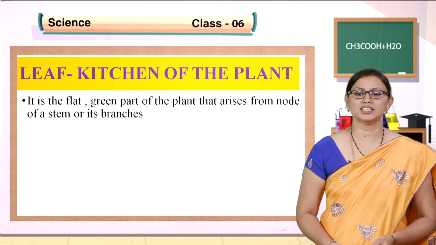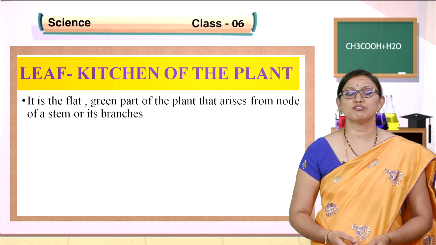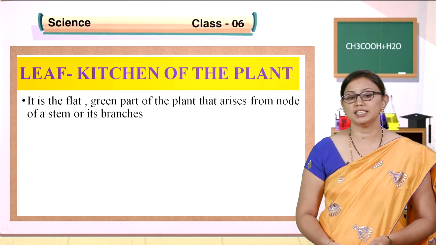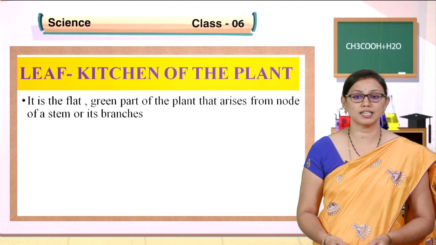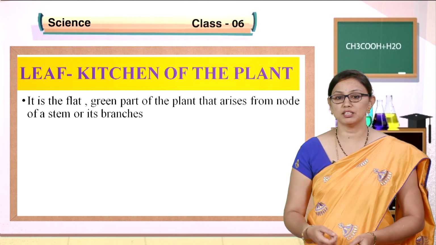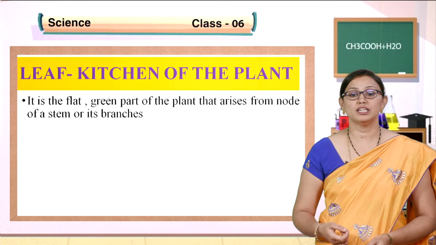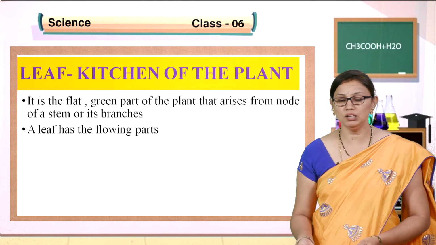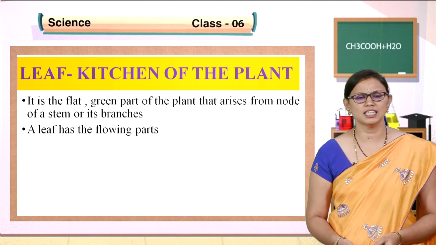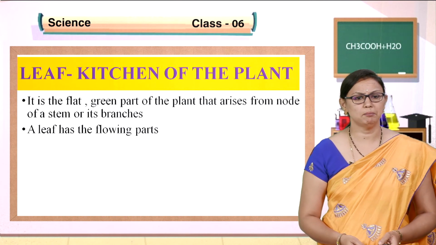So, what is the structure of a leaf? It is a flat green part of the plant that arises from the nodes. Remember, children, we have studied the parts of the stem, the nodes and internodes. The leaves arise from the nodes, and it has its own branches. Now, let us look into the parts of the leaves.